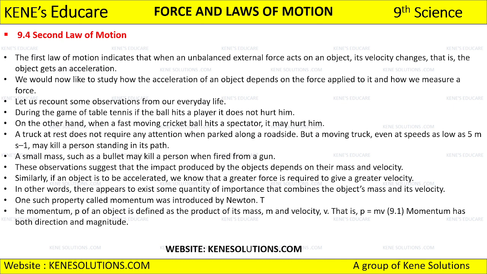So p is equal to mv. That is the formula for momentum. So in the second law of motion, we are mostly going to discuss the momentum part. And remember one thing, momentum has both direction and magnitude.